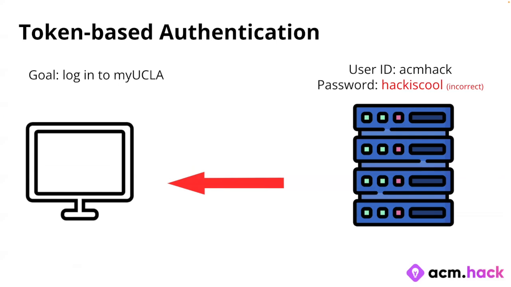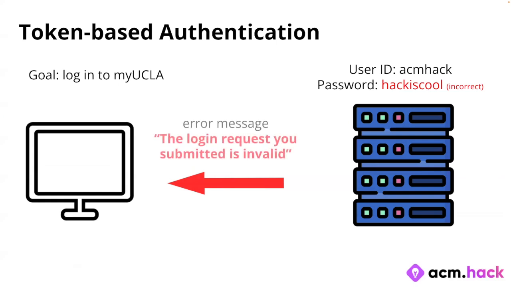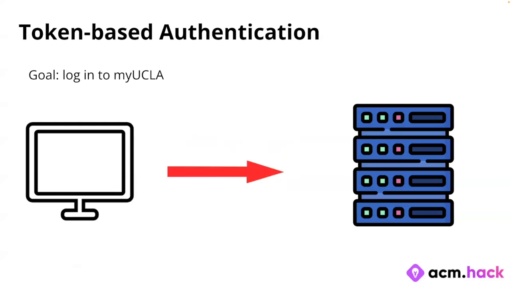So let's say in this case, I made a typo and typed in an incorrect password. So now the server will tell us that this input was wrong. For example, it'll return an error message that says the login request you submitted is invalid. Okay, so now I realize what mistake I made. So I fixed the password to the correct one and sent it to the server again.